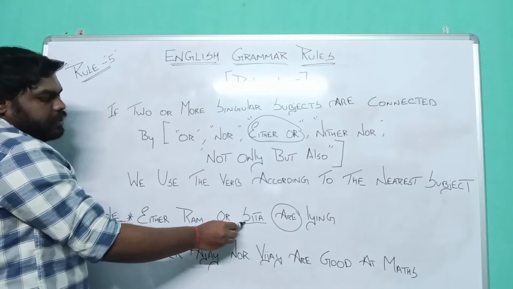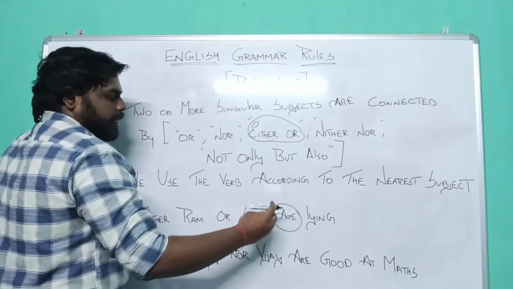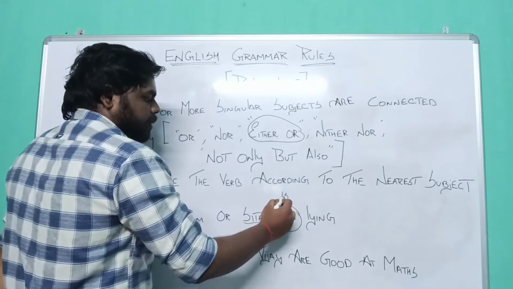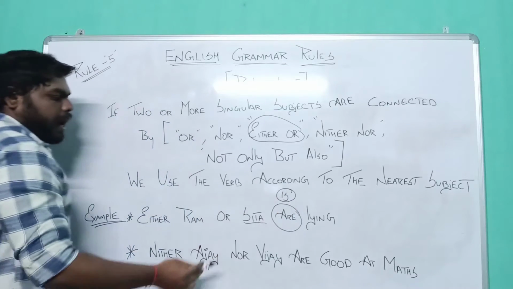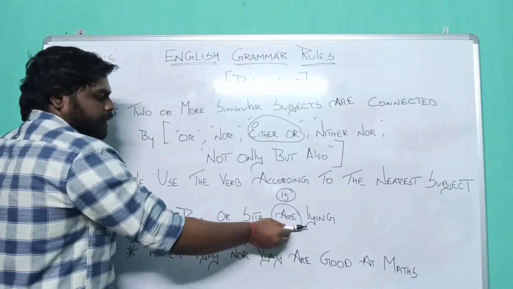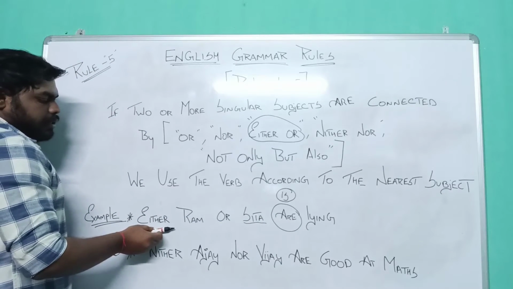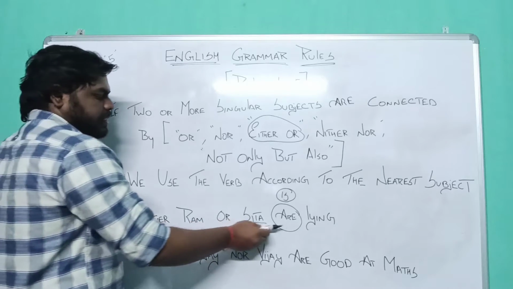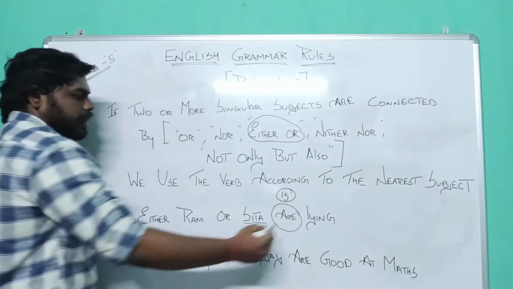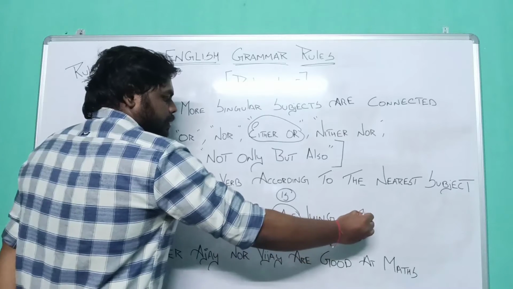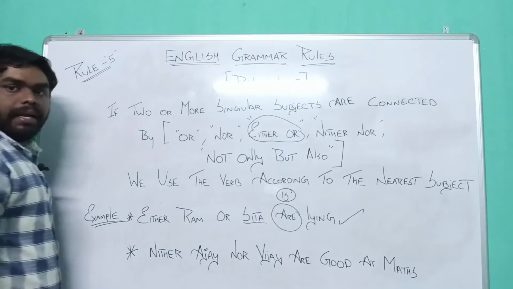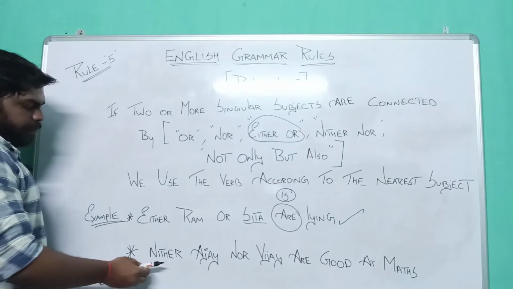Sita is a singular subject, so we should use is. Is will be the singular form of the verb. Are is a plural form of the verb, so it does not fit here. So the correct form of the sentence should be, Either Ram or Sita is lying.